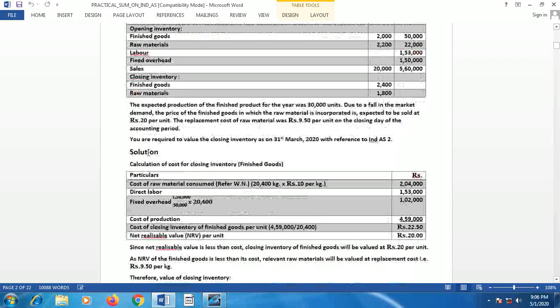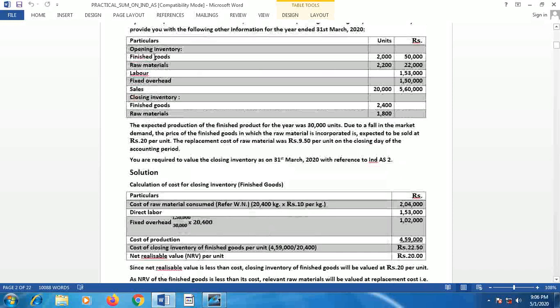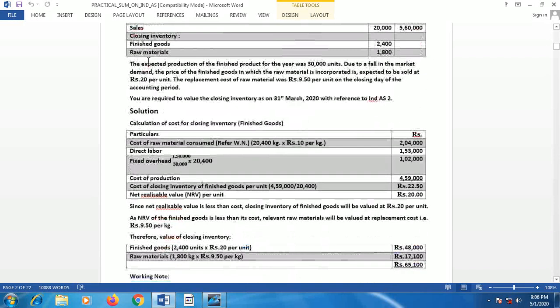In the illustration, you can see the details regarding opening inventory and closing inventory, along with other details of manufacturing costs. So first, for the purpose of calculating the cost of goods manufactured, we have to take into consideration the cost of raw material consumed.